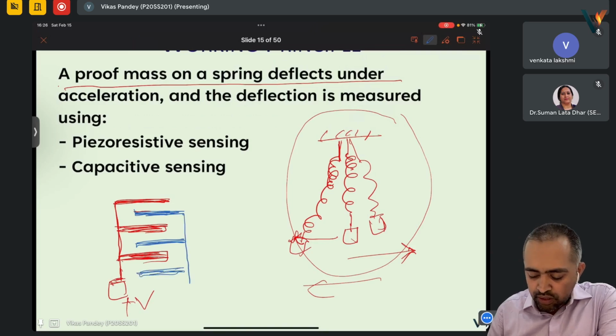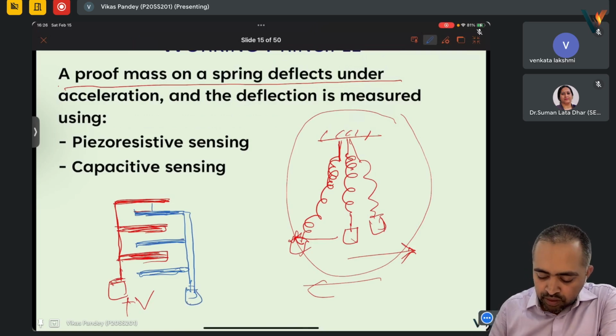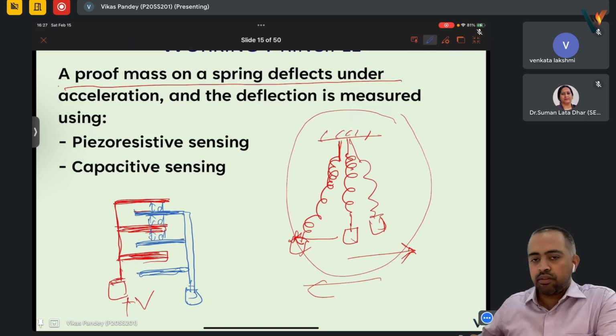And when there is no acceleration, the capacitance is fixed, since the distance d is the same. Okay, d is the same. Area of interaction is also the same.